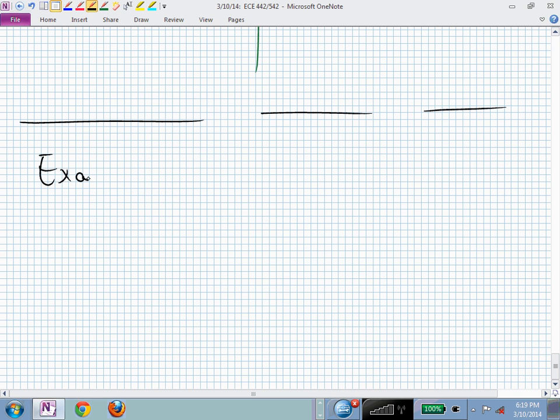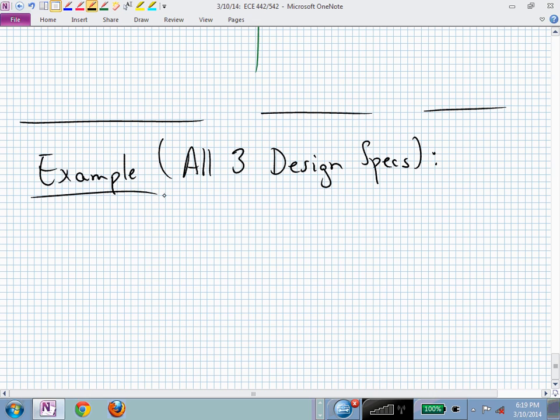Let's look at an example where now we have all three design specs in play. And to get started, let's just assume that we've already fixed our sample period. Let's just assume that our sample period is 10 milliseconds.